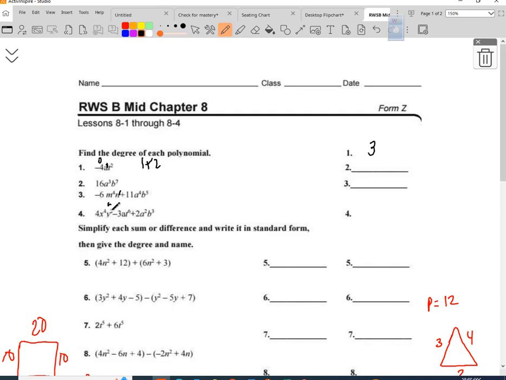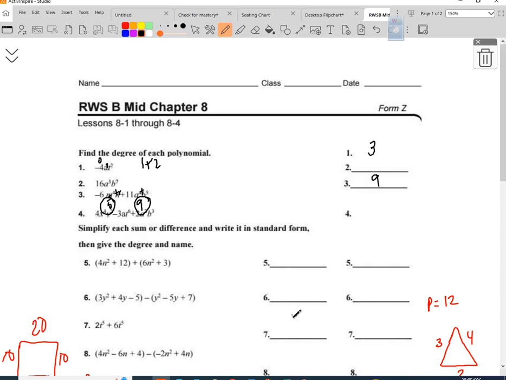So the degree of that term is 5. The degree of this term, 4 plus 5 is 9. We do not add these together. We added 4 plus 1 to get 5. We added 4 plus 5 to get 9. Now for the two-term or three-term or multi-term polynomial, we pick the biggest one. So the degree of that polynomial is 9.